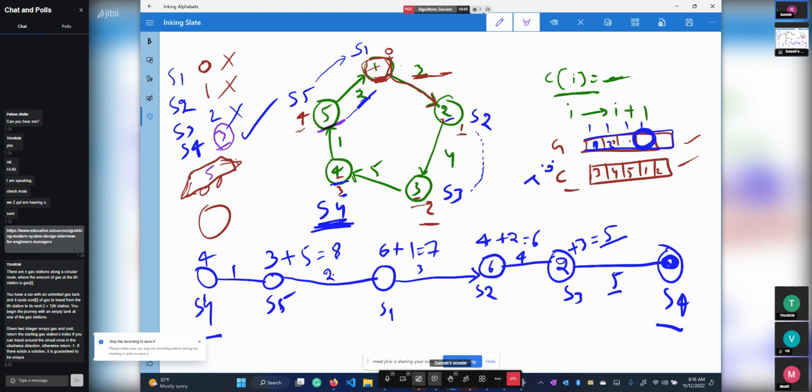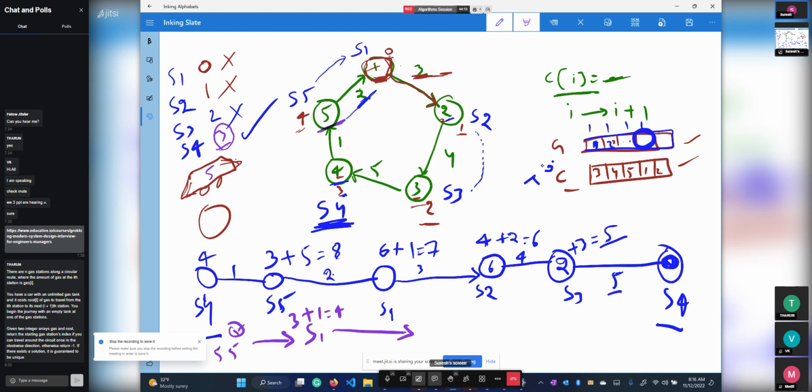Now let's draw a different diagram here. From S5 to S1, you start with 5 gallons, and 5 minus 2, you will have 3 gallons available, right? 3 plus 1, you get 4 gallons.